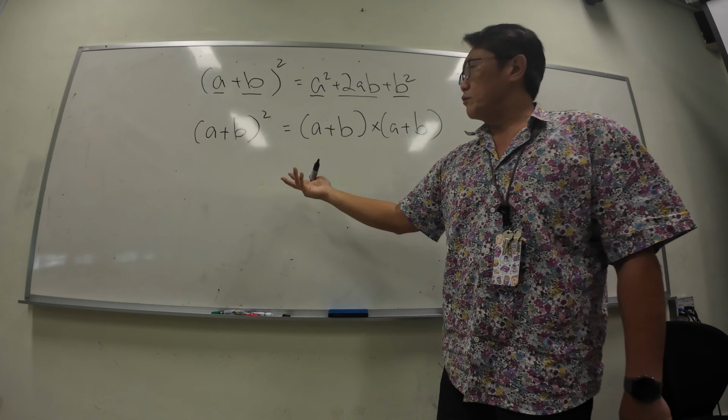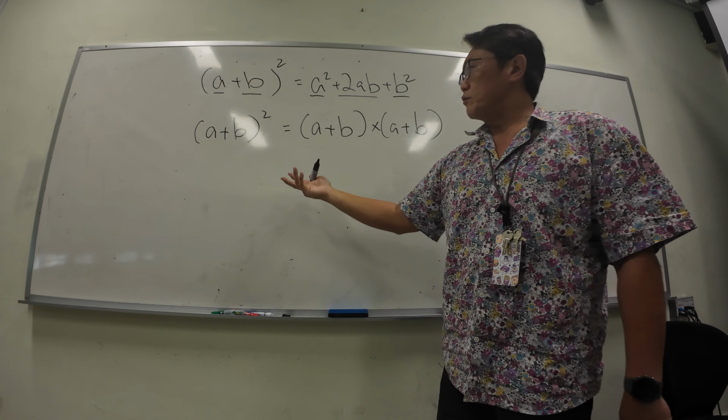Front times front, front times back, back times front. B times A is the same as A times B, just like 2 times 3 is the same as 3 times 2. When it is just multiplication, which one comes in front or back doesn't matter.